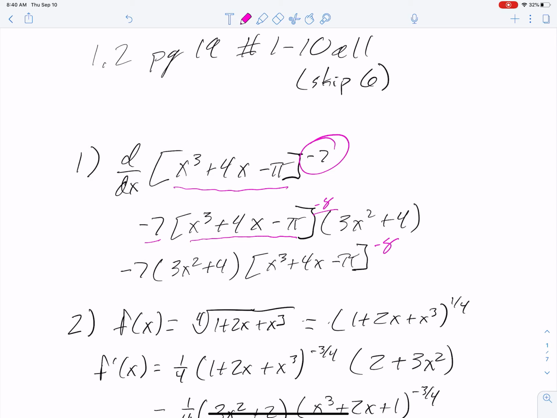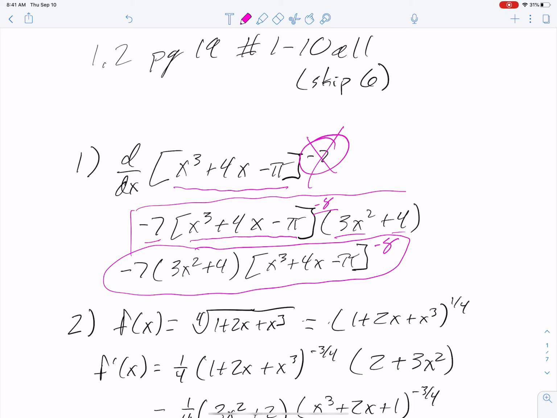Now that I've taken the derivative of something to the negative 7th power, I just need to take the derivative of what was inside. And so my derivative of x cubed is 3x squared, my derivative of 4x is 4, and then of course pi is just a number, so its derivative is 0. From there, people typically rewrite with the shorter polynomial first, but there's no reason that you couldn't have given this as your answer.